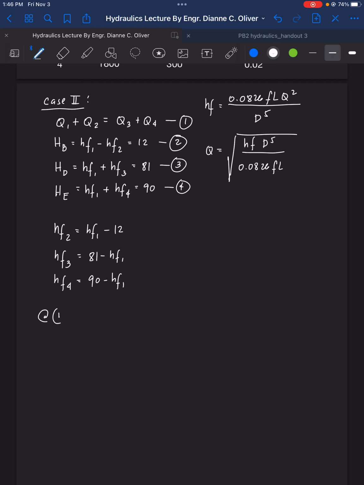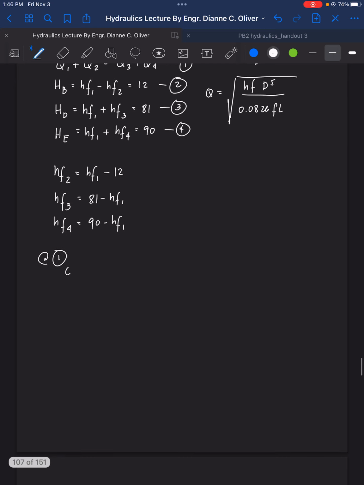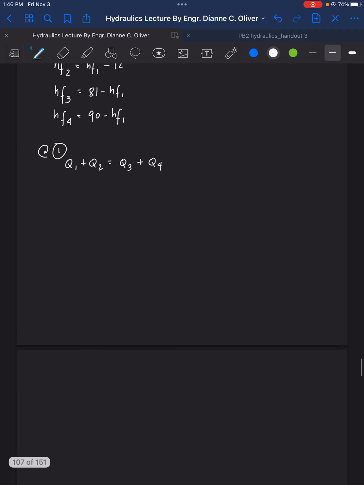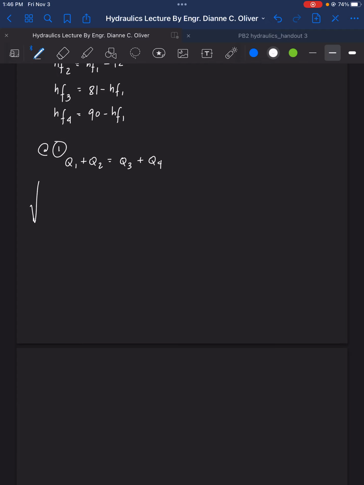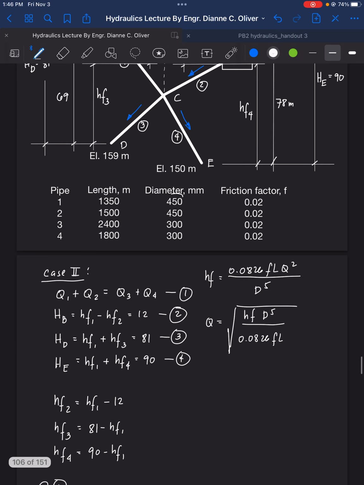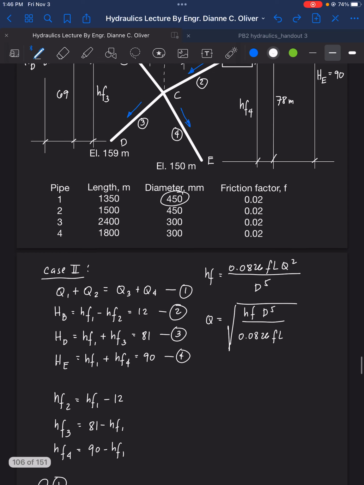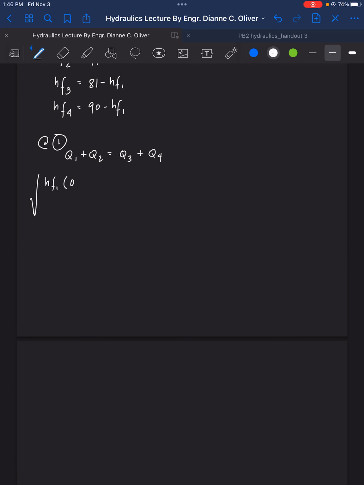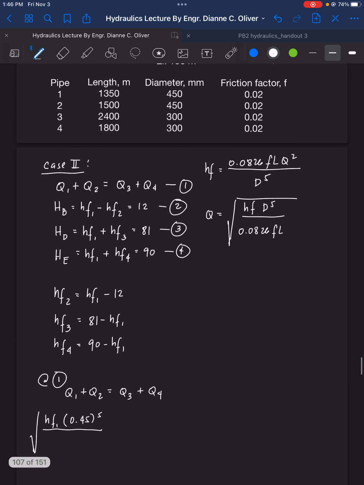Then at equation number 1, being Q1 plus Q2 equals Q3 plus Q4. Now for Q1, that is the square root of HF1 times 0.45 raised to 5 over the length, since the diameter of pipe 1 is 450 and the length 1350. Since they have the same constant and the same friction factor, we can cancel it out.